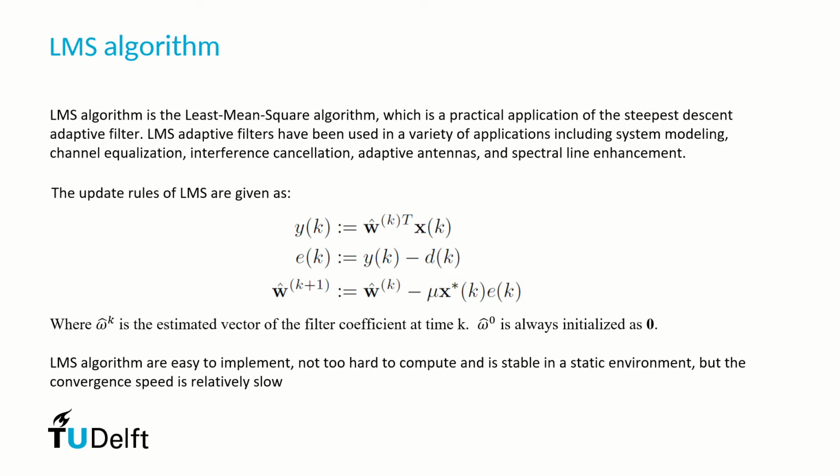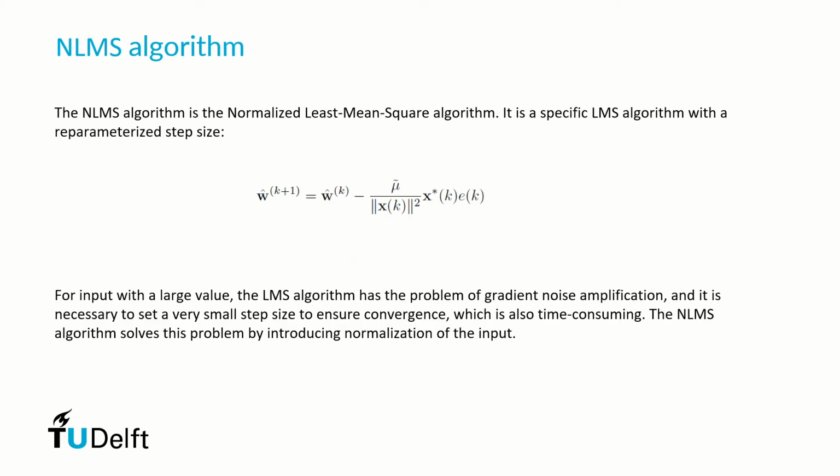The update rules of LMS are shown on the slide, where omega k is the estimated vector of the filter coefficients at time k, and omega 0 is always initialized as vector 0. LMS algorithms are easy to implement, not too hard to compute, and stable in a static environment, but the convergence speed is relatively slow.